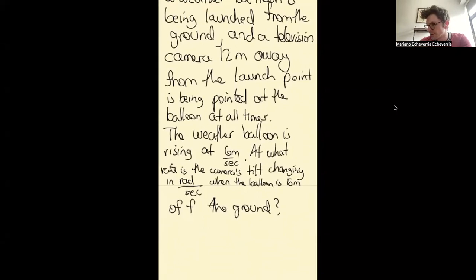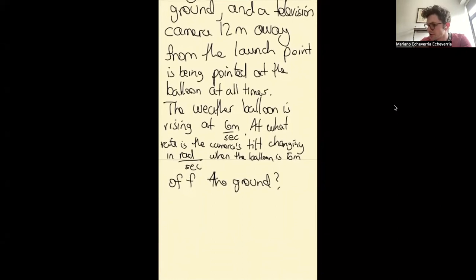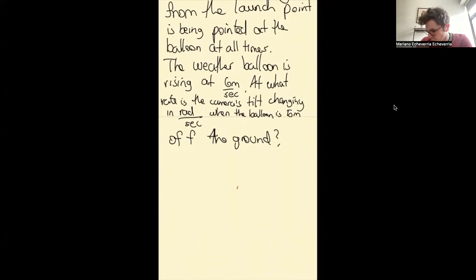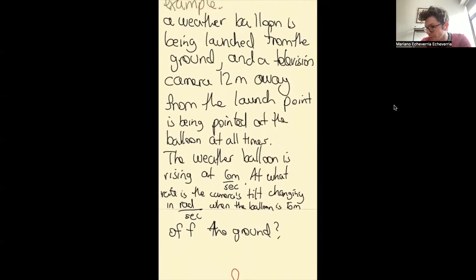So you have the place where the balloon is being launched. So let's try to draw something like this. Okay, so that's the balloon. In general, it will have some height y, and then there's this camera, which is always located 12 meters from the launch site of the balloon.